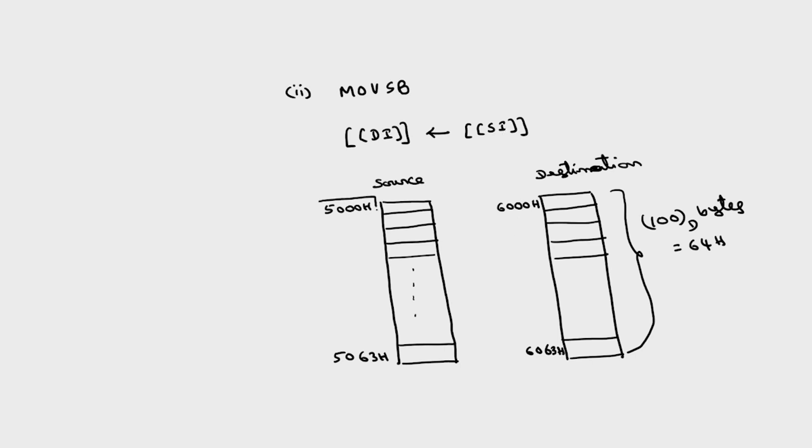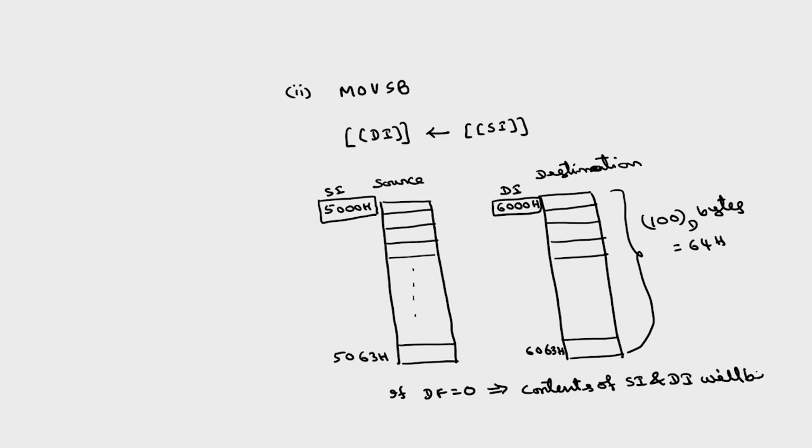By default in all the string instructions, the source will be pointed to by SI and the destination address will be pointed to by DI. If the direction flag is reset, as I have discussed in the earlier slide also, then the contents of SI and DI will both be automatically incremented by 1.